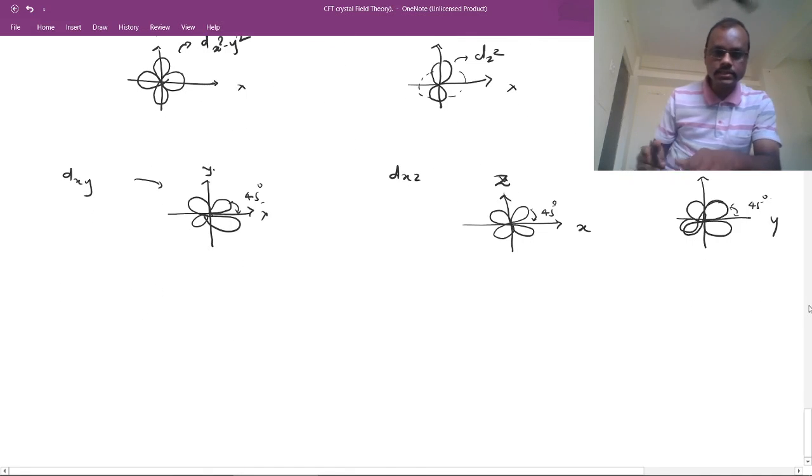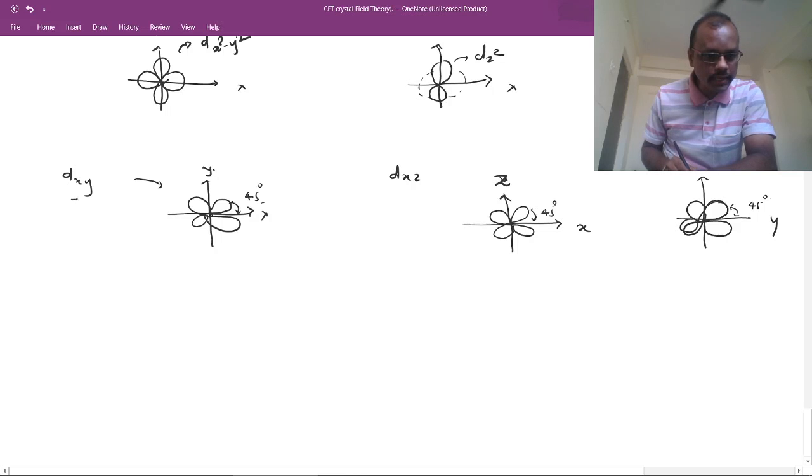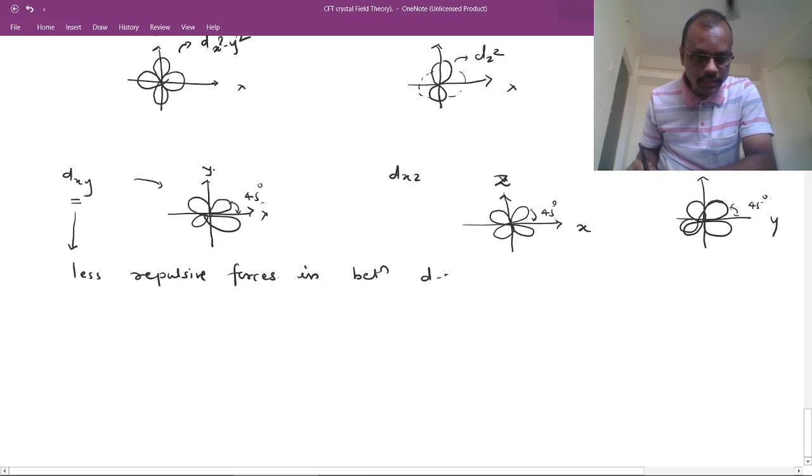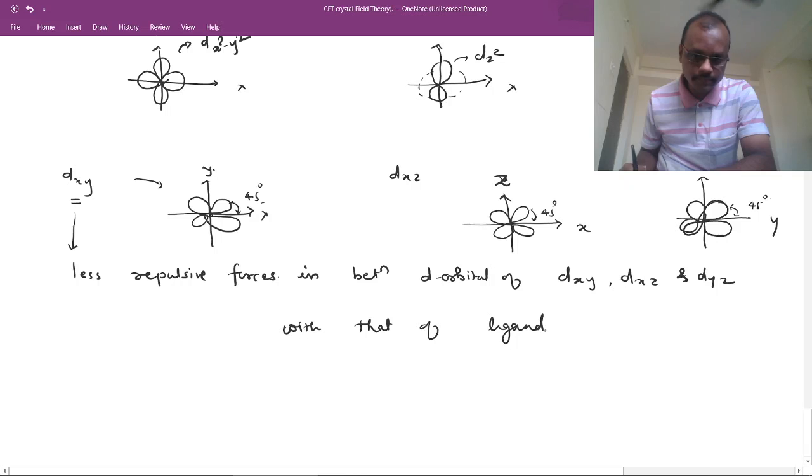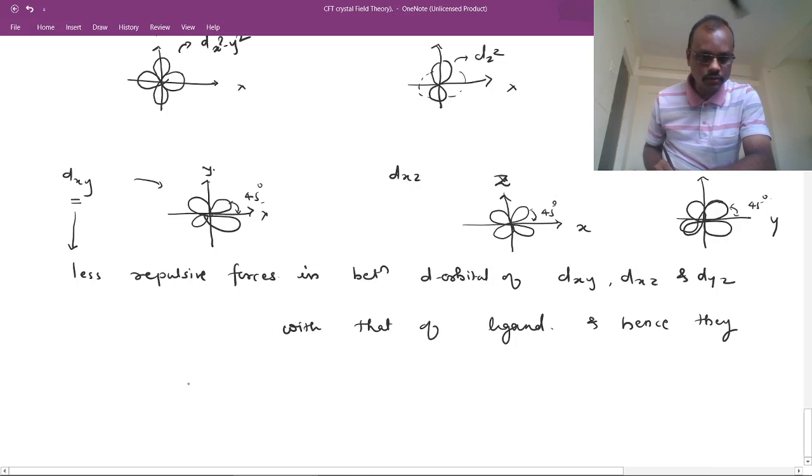That means the orbitals are not along the axis. So definitely there is less repulsive force between the dxy, dxz and dyz orbitals and the ligand, and hence they occupy lower energy.